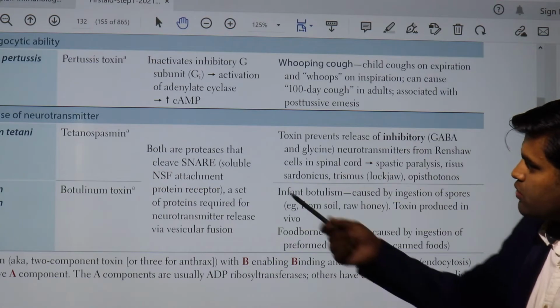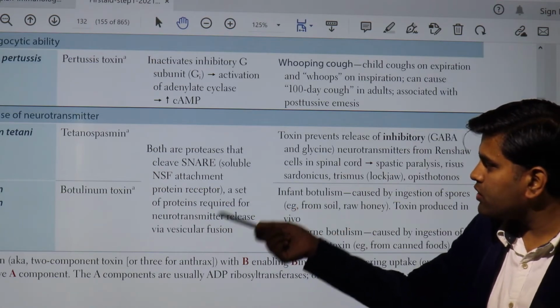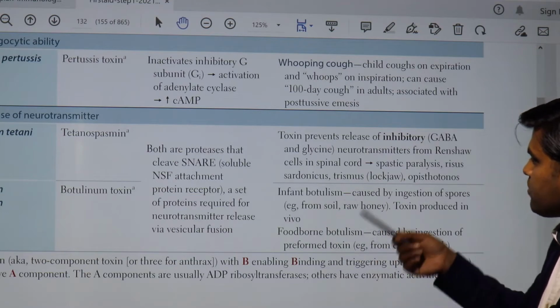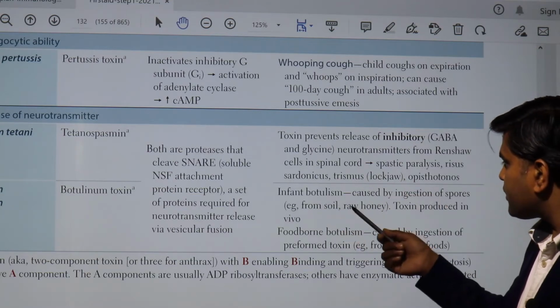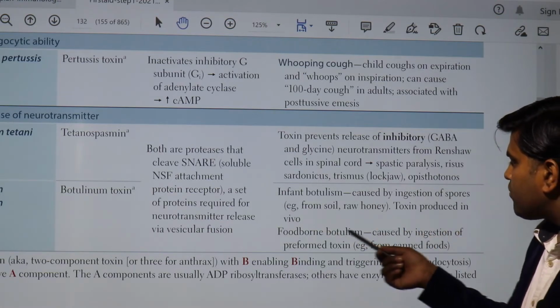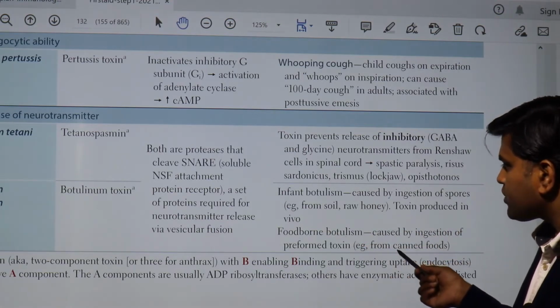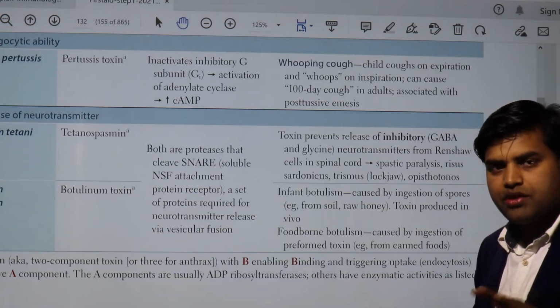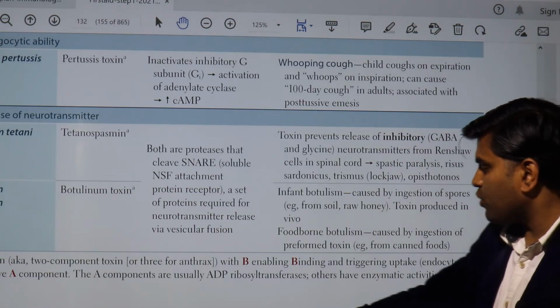But Clostridium botulinum has botulinum toxin, with the same action: it inhibits the SNARE protein and the release of acetylcholine, causing botulism. That is caused by ingestion of the spore from soil and raw honey, toxin production in vivo, and foodborne botulism is caused by ingestion of preformed toxin. This toxin causes flaccid paralysis because it blocks the release of acetylcholine.